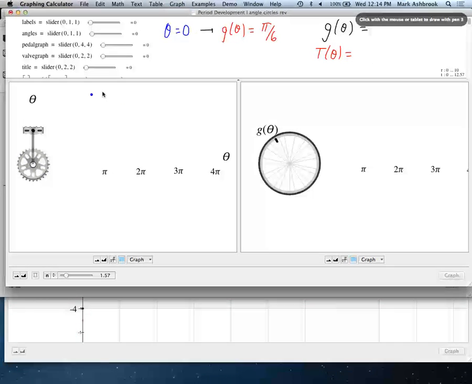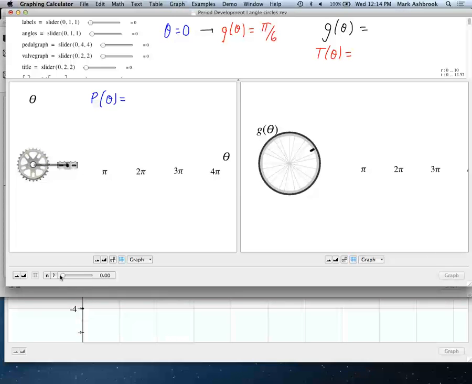So we're still going to have our pedal function, which is now horizontal distance, and then we'll have the tire valve function, which is horizontal distance of the tire valve. So write out those two functions. Go. Horizontal distance to the right of the vertical diameter in radius lengths of the pedal and of the tire valve. P stands for pedal, T stands for tire valve. So that's how you can remember.